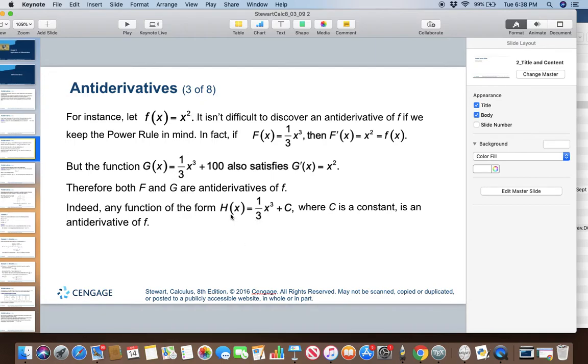Check again. Take the derivative of h(x). Well, the 3 comes down, cancels the 3, you have x squared. For c, you add 0. So, derivative of this is this, right? Therefore, antiderivative of this is this, where c can be any constant. All right?